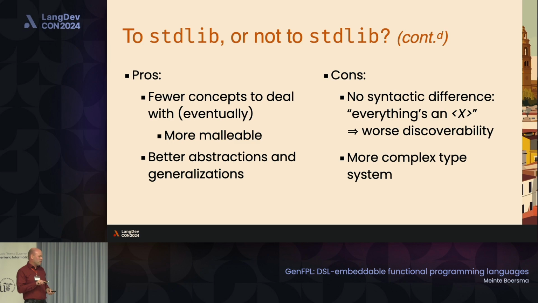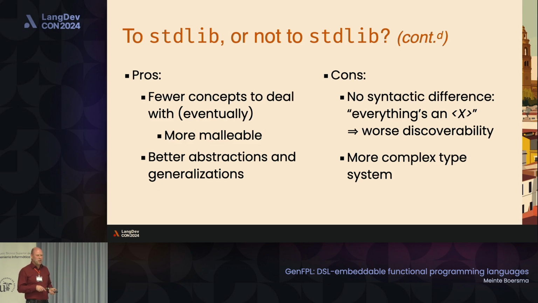There's also, if you confine yourselves not to general programming languages for developers, but for example DSLs for actual business users, a clear set of cons. The first thing is that everything is going to look the same. I mean, if you look at Java standard library, everything just looks the same.